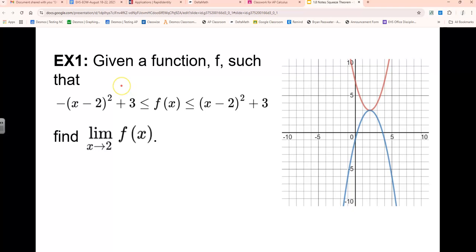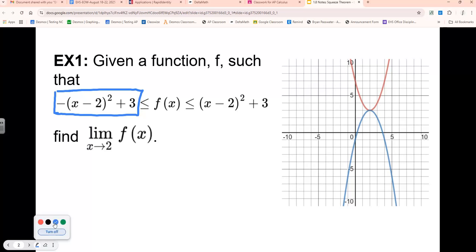No, it's not red, actually. How do we know it's blue? That minus right there in front. So this is my blue function right here. Right? That's a parabola upside down. And then I've got (x minus 2) squared plus 3. That's my red right there.